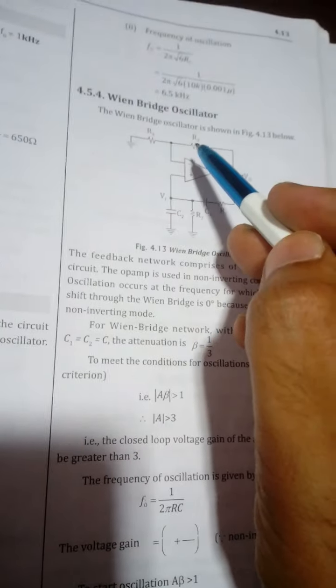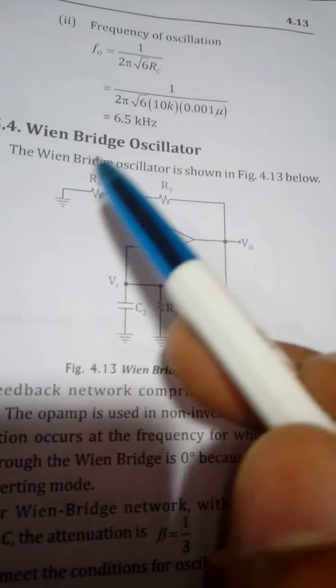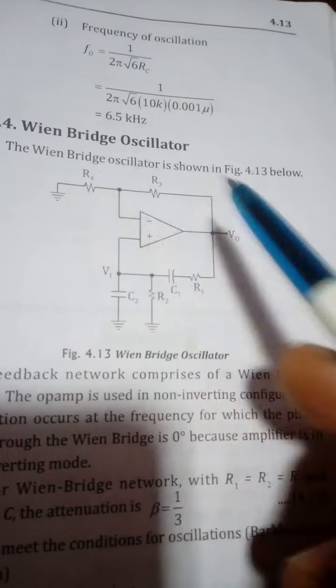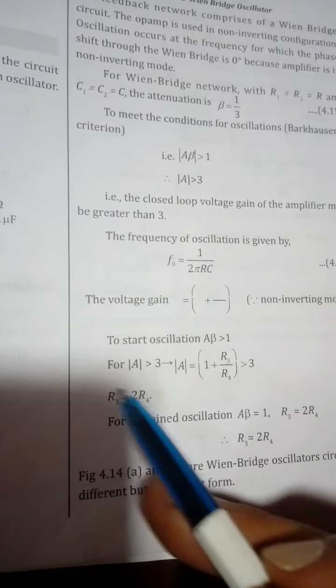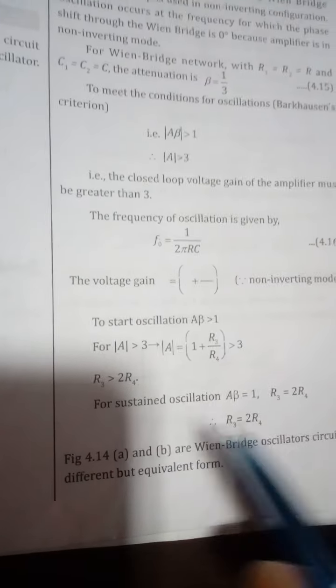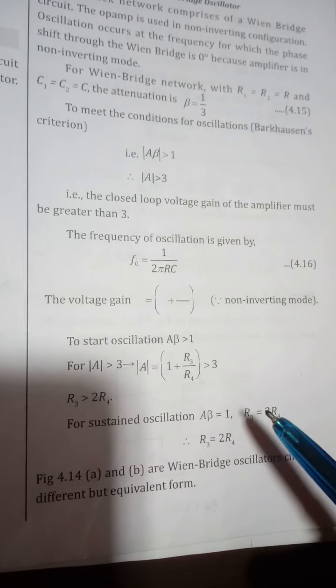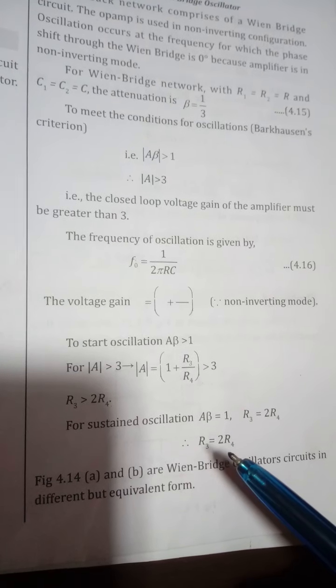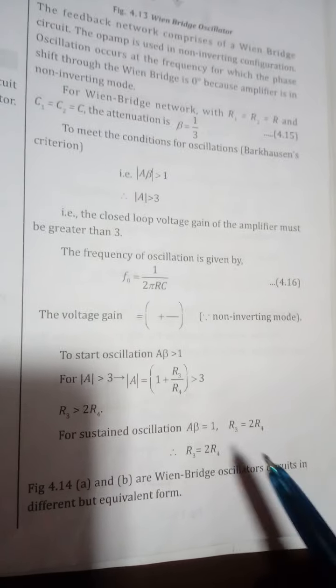Here RF, the feedback, is R3, and R1, the input resistance, is R4. So it is 1 plus R3 by R4. This should be greater than 3. If you solve for this, R3 should be greater than 2 times R4. For sustained oscillation, A beta should be equal to 1. Therefore, R3 should be equal to 2 times R4.